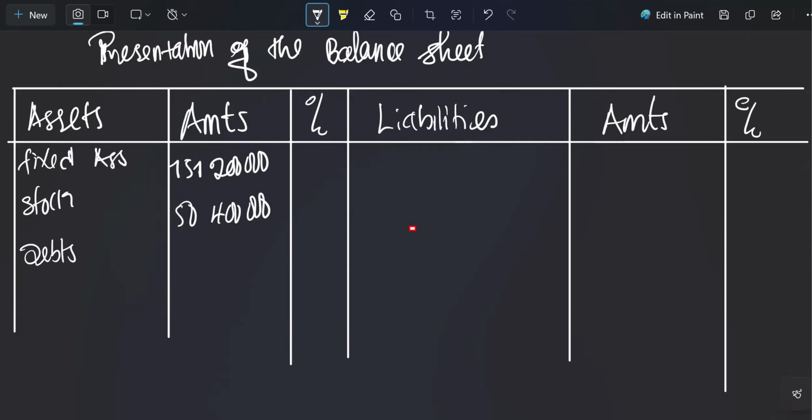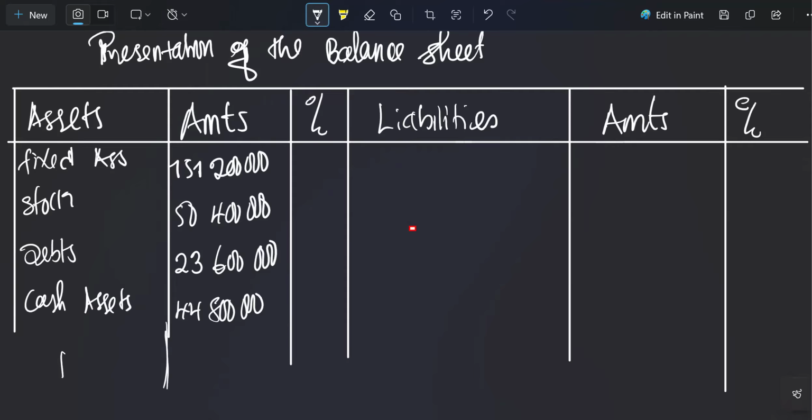Debtors, there we have 23,600,000. We have our cash assets. Cash asset is equals to 44,800,000. So when we add the total, we already had the total in the question. Okay, total. So our total is going to give us 280 million.